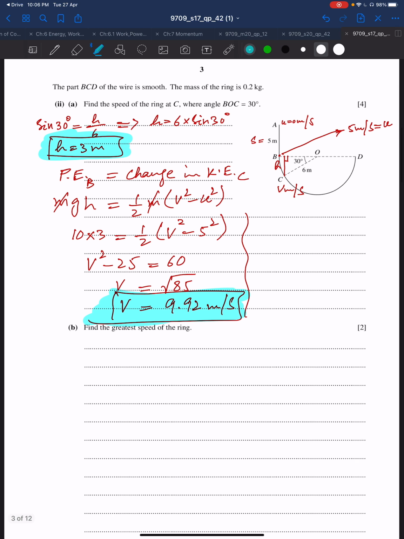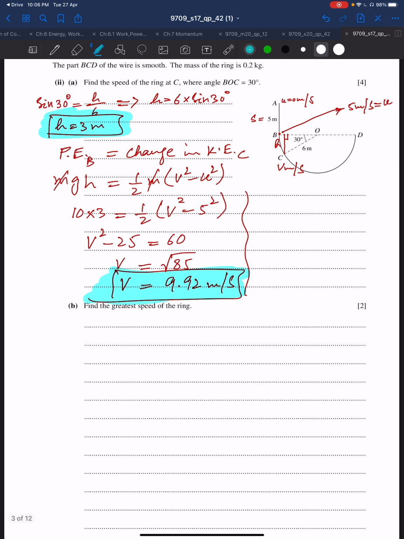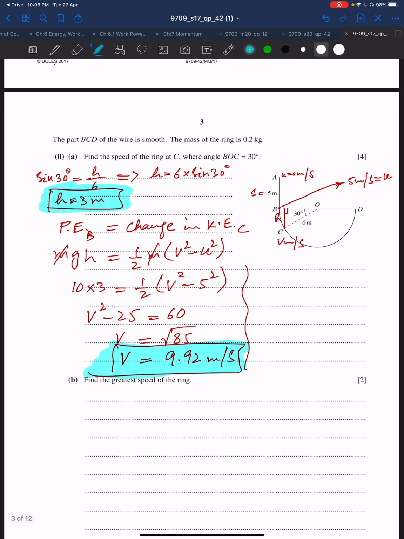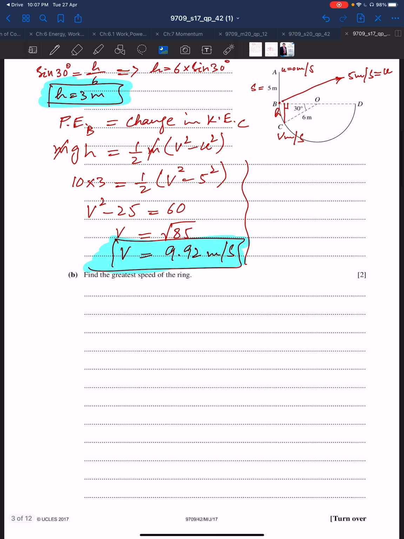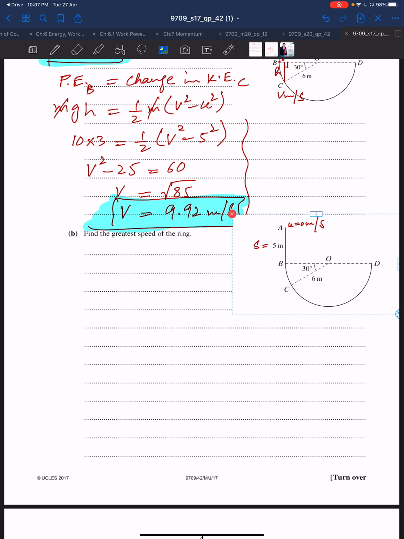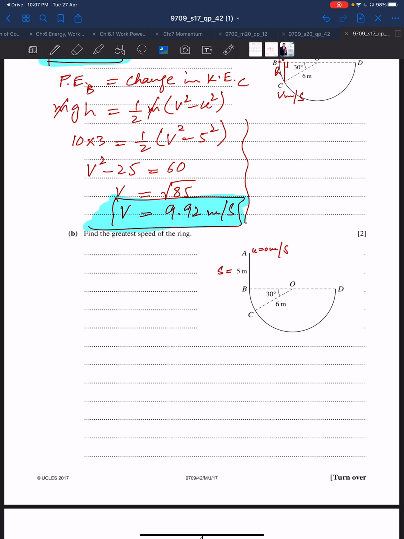Okay, the next, find the greatest speed of the ring. So for the greatest speed of the ring, again, I'll copy the diagram and paste it here.